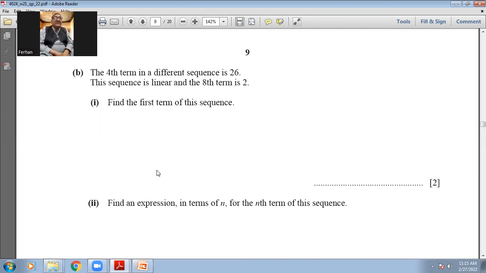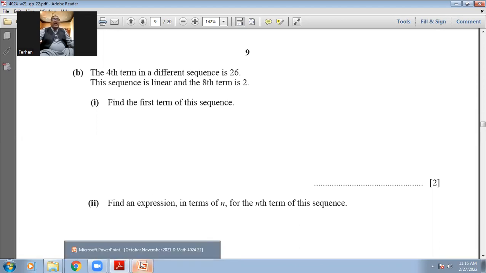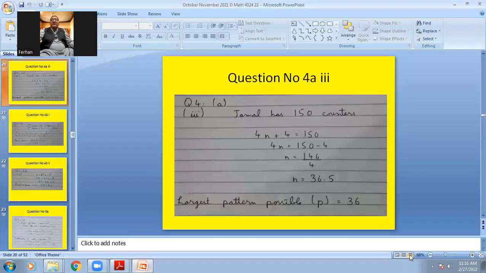The fourth term itself is 26, and the eighth term is 2. So in the place of n, I will put 8, and the term itself is 2. So I will get 2 equations, and they will be like simultaneous equations. So I can find out the value of a. Let me show you.